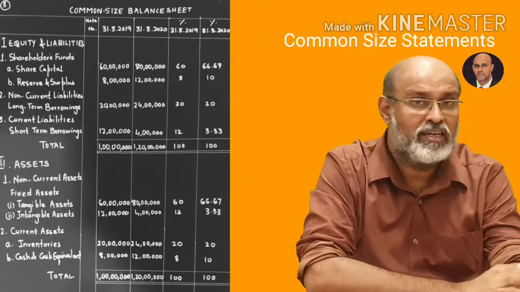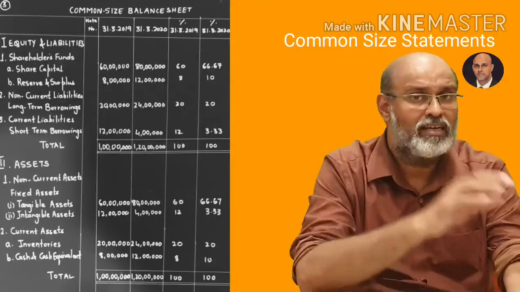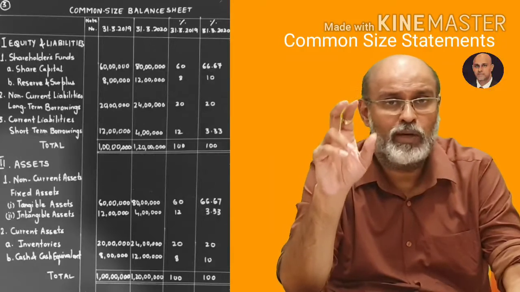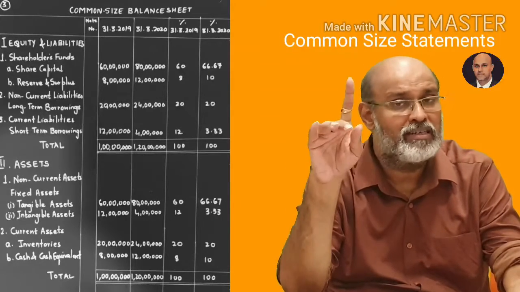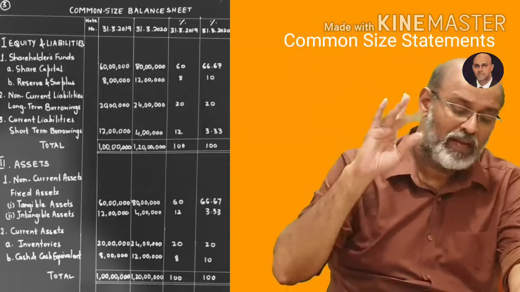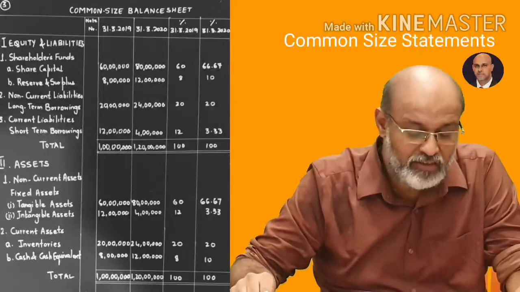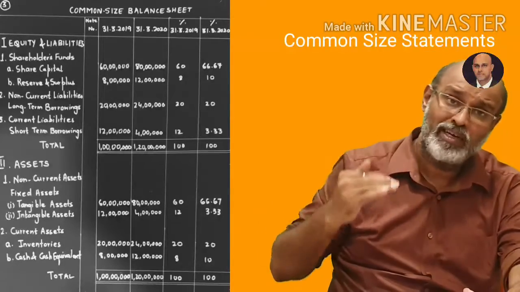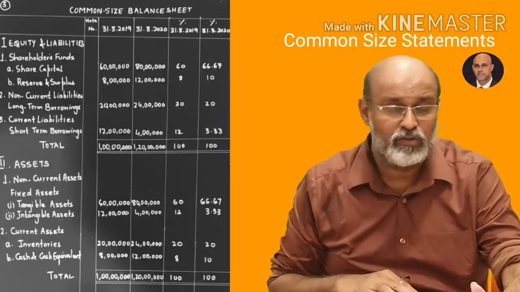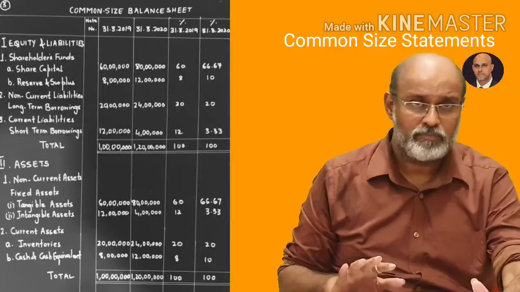Then you got inventories, which is 24 lakhs in your current assets. So 24 lakhs divided by 1 crore 20 lakhs multiplied by 100, that will give you 20%. And finally, you have got cash and cash equivalent, which is 12 lakhs. So 12 lakhs you divide by 1 crore 20 lakhs and multiply by 100, which will give you 10%.